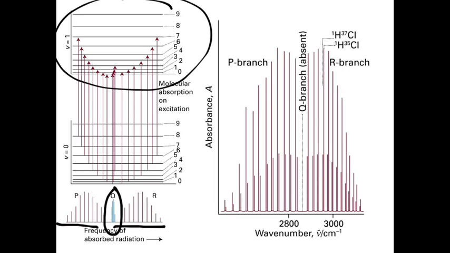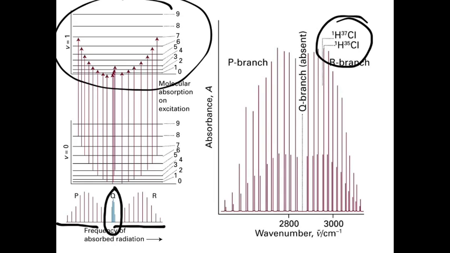Now over there on the right hand side you see the effects of isotopes. Chlorine has strong isotopic effects. That is, about a third of the chlorines are chlorine 37s. And so when you do the rotational vibrational spectrum of HCl, you can see both isotopes because they give slightly different energy in these transitions, because the moments of inertia are a little bit different.